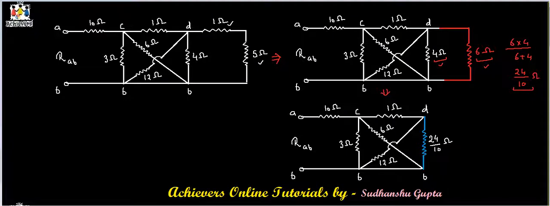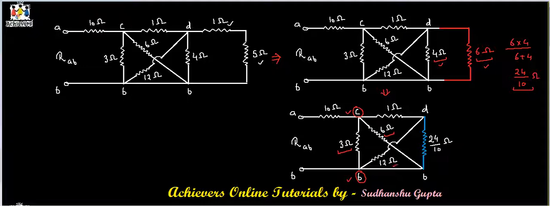Now if we carefully see this circuit again, we can see that this 3 ohm and this 6 ohm resistance are connected between point C and point B. So we can say that these two resistances are connected in parallel between these 2 points.